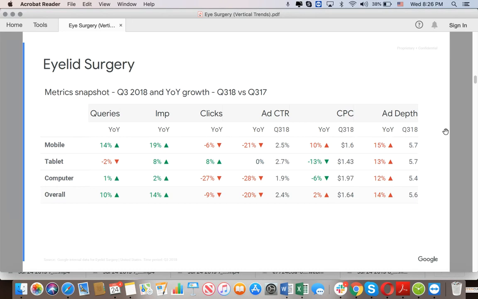The reason is that we're focusing mostly on mobile devices and our cost per click is much cheaper than here. As you see, CPC for mobile is $1.60, which is a good average. In large cities, it's probably $4, and so on.